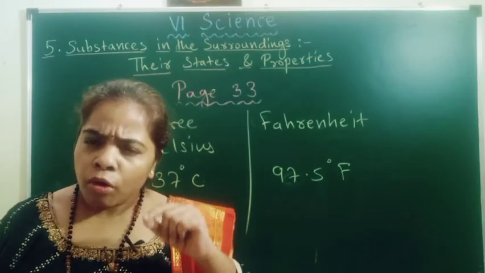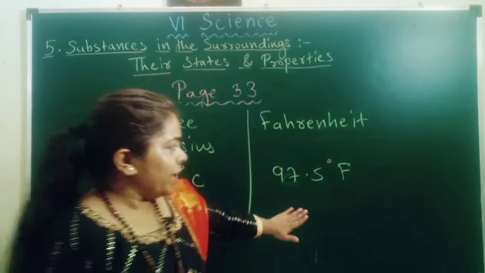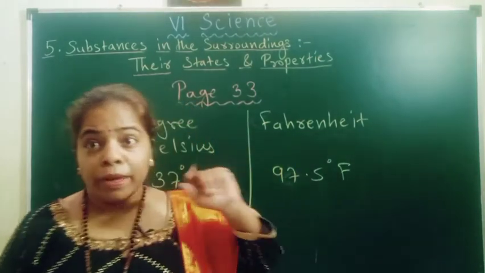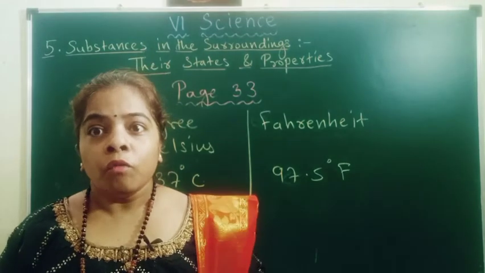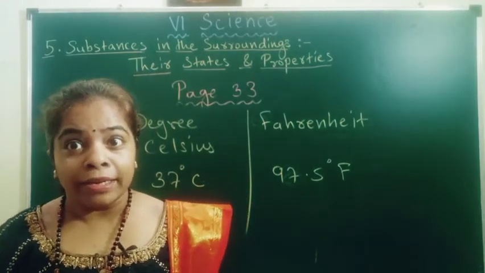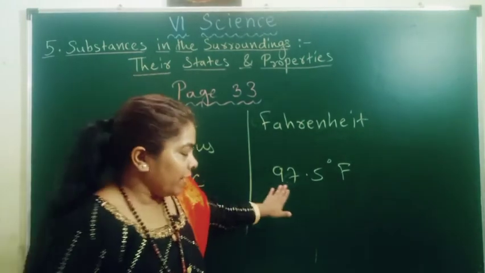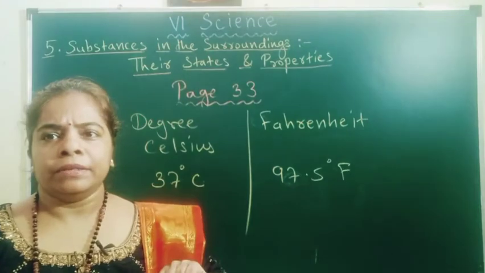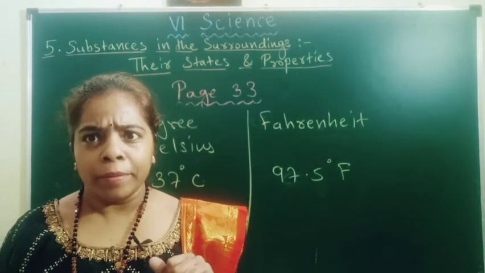Most of the time we are using Fahrenheit, because you may have heard, children, 100 degree fever, 101 degree fever. So we are reading the temperature in Fahrenheit most of the time. Degree Celsius is used in laboratories very commonly.